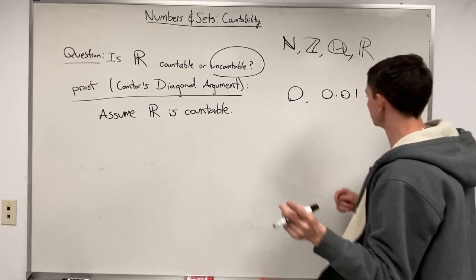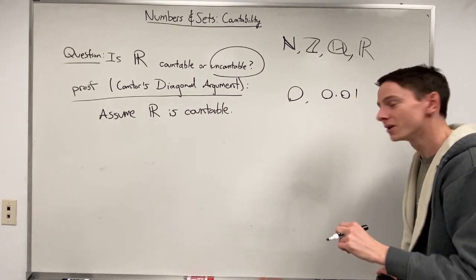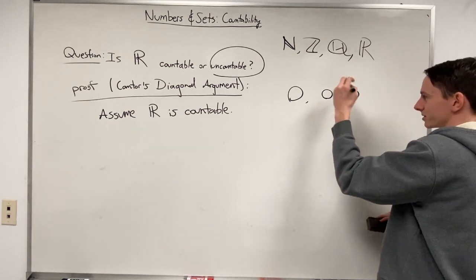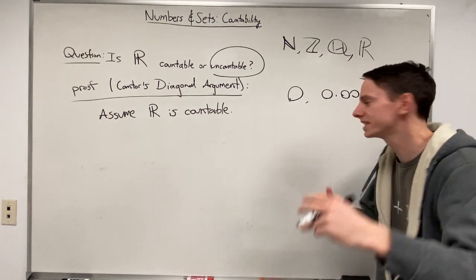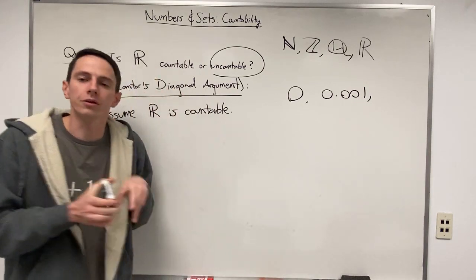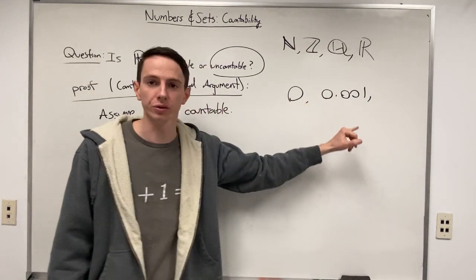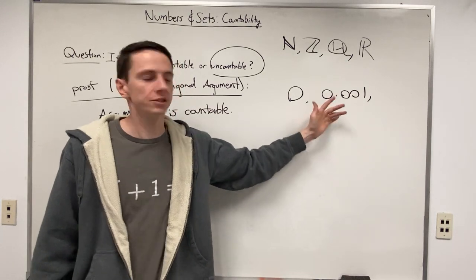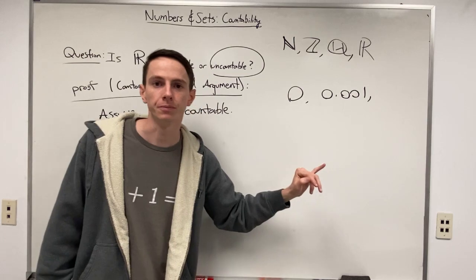But then we could apply the same logic. If the next positive number is 0.01, what about 0.001? Is that the next positive? And you can see how we could add as many zeros as we want. The idea behind this is that between any two real numbers, we're always going to be able to find another real number that lies in between the two.